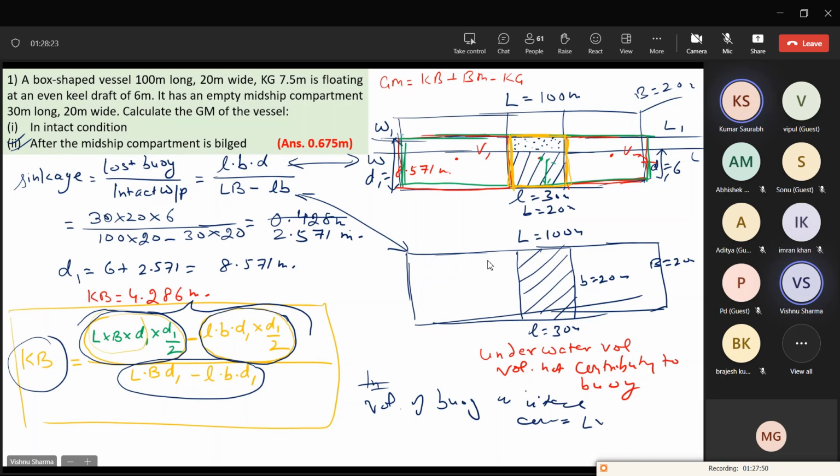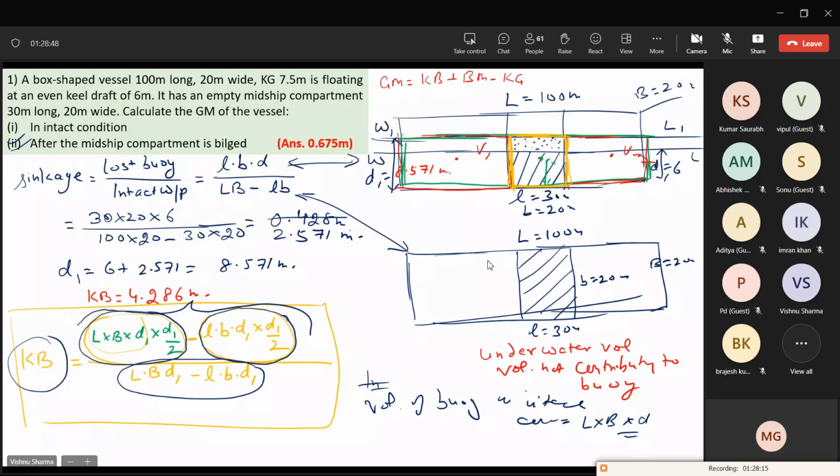LB into D, right? Correct. And volume of buoyancy will change only if the displacement is changed or the density of the water is changed. Correct, beta? Volume of buoyancy will change only when the displacement is changed or the density in which the vessel is floating is changed. Yes or no?